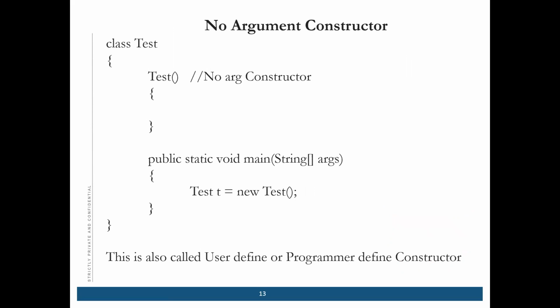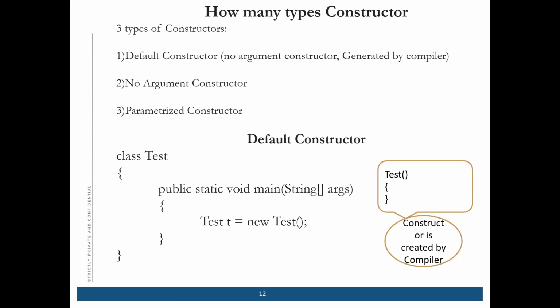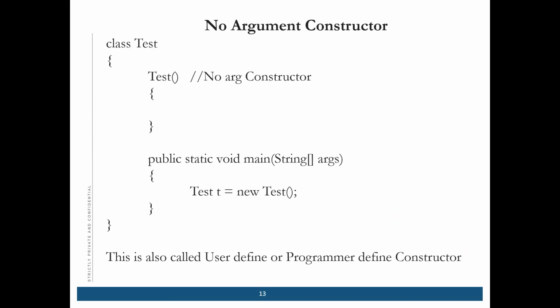What is a no argument constructor? When we are not passing any argument. It's a simple constructor. So what is the difference between the default constructor and this? Or are both the same? No, both are not the same. This is a constructor which you have written, and you are using it for initializing or something like that.